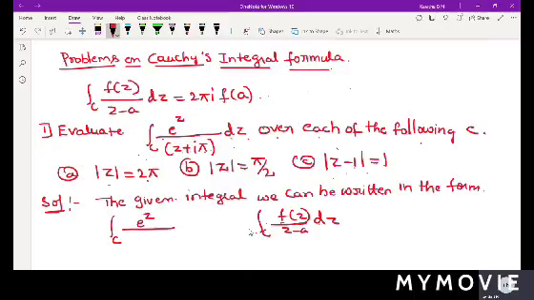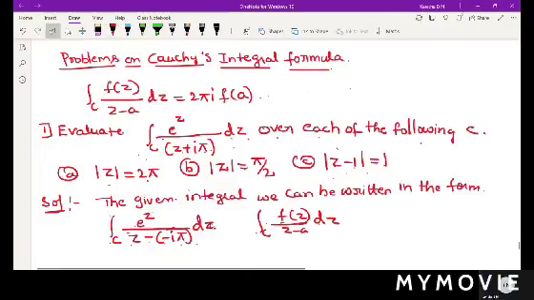Here z plus i pi can be written as z minus of minus i pi, so the integral of e to the power of z by z minus of minus i pi, dz.